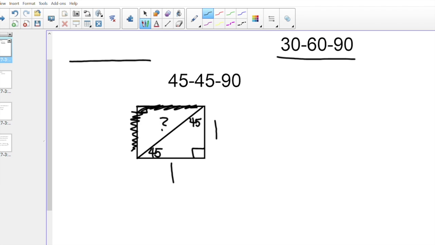Well, in the right triangle, the side opposite the right angle is called the hypotenuse. And before, we learned about Pythagoras' theorem. He said that the square of the hypotenuse is equal to the sum of the squares of the legs.